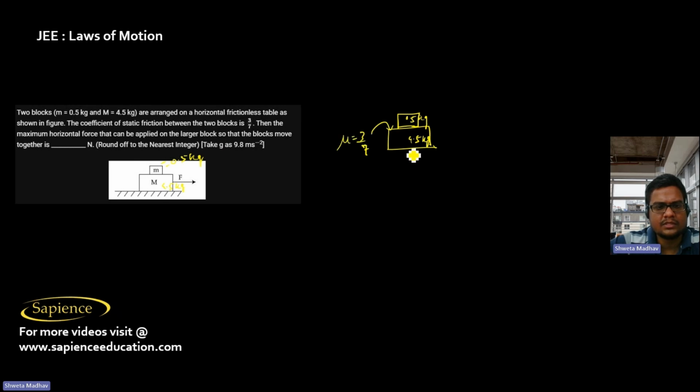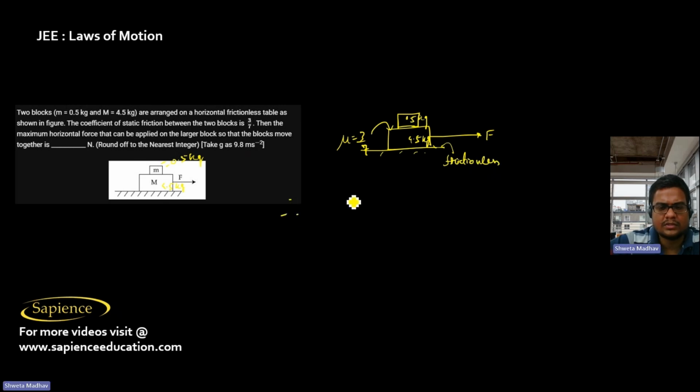Then the maximum force that can be applied on the larger block so that the blocks move together is? The table is frictionless, it is smooth.